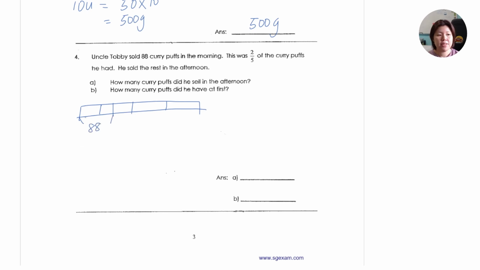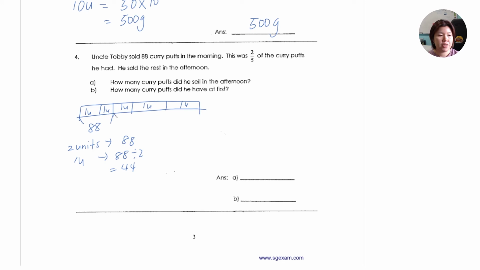So if you can see, my 88 is pointing to 2 units. So 2 units equals 88. 1 unit equals 88 divided by 2 equals 44.